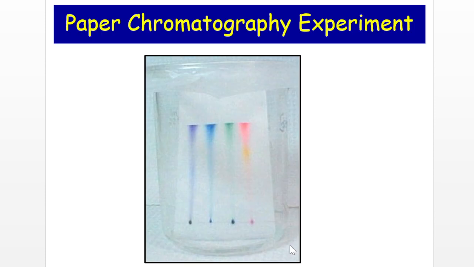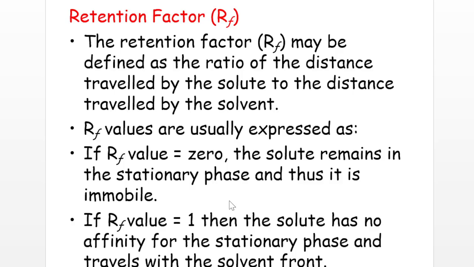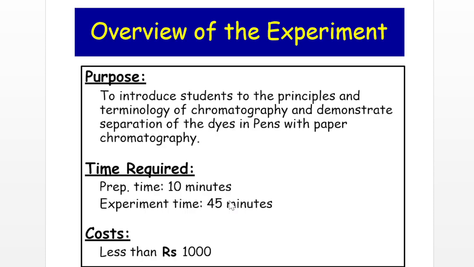Here is the experiment of paper chromatography in which we see different colors which are separated by paper. Let's come to the overview of the experiment. First of all, look at the purpose of this experiment.